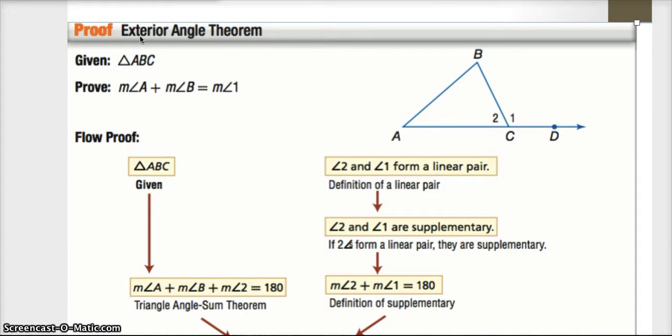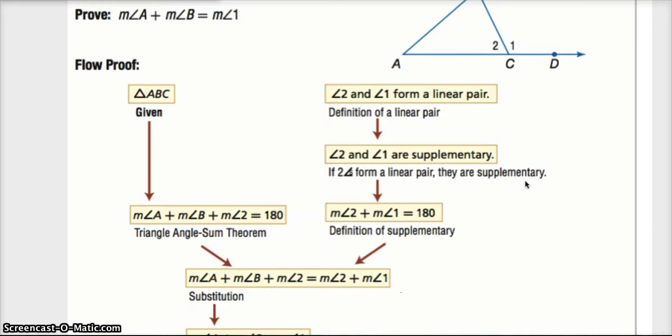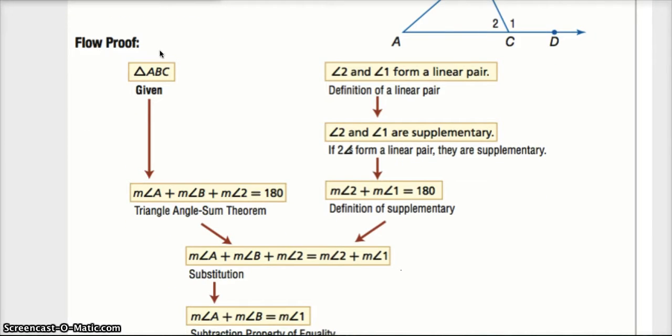We'll start off with the given. All we're given is that ABC is a triangle, and we're trying to prove that the measure of angle A plus the measure of angle B is equal to the measure of angle 1, this exterior angle. A flow proof starts off with information, and then underneath it is the justification.